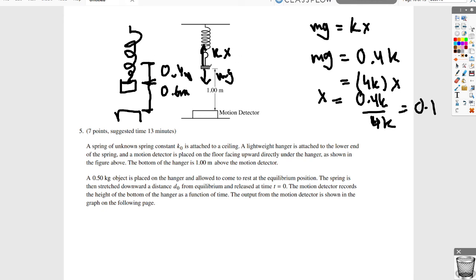The distance from the original position to this position was 0.4. However, if this became 0.1, then the distance that the motion detector would measure is 0.9, like that.